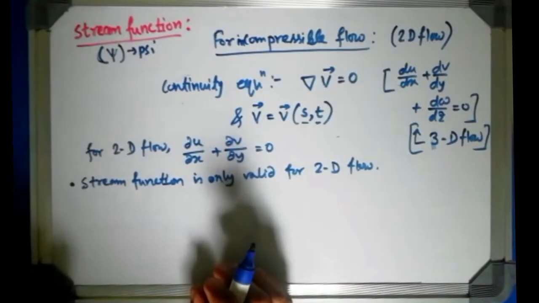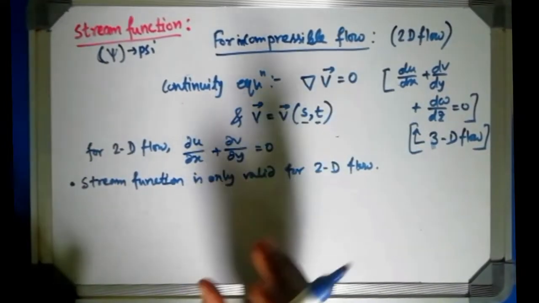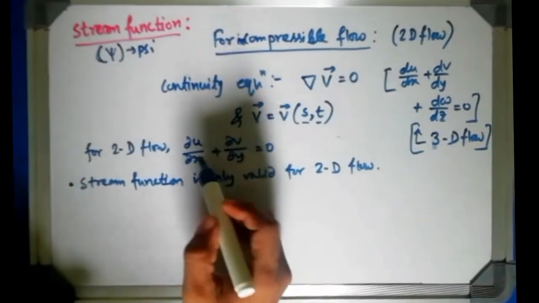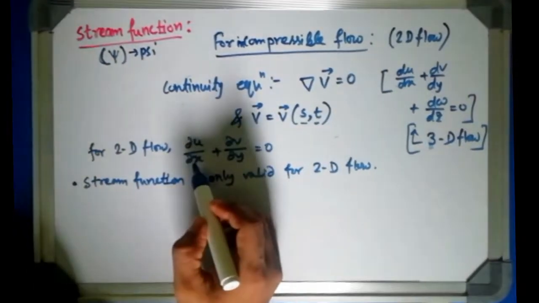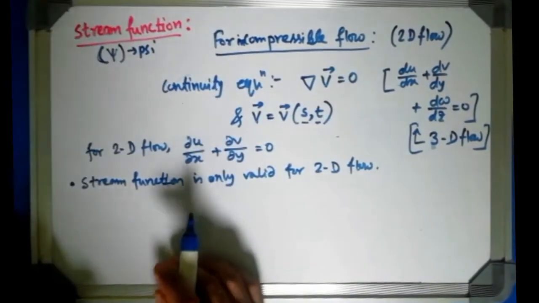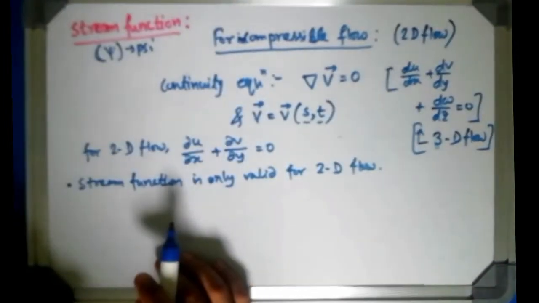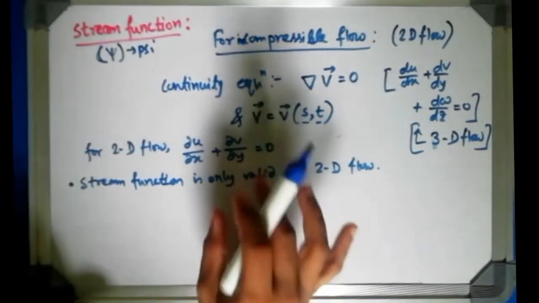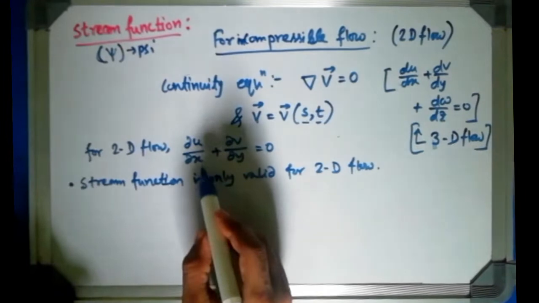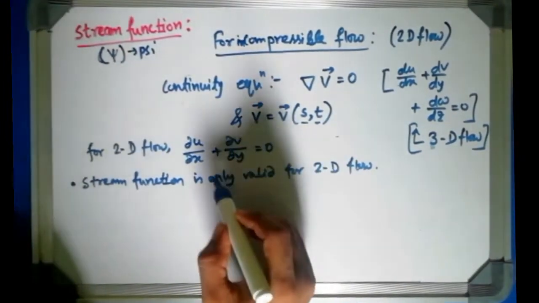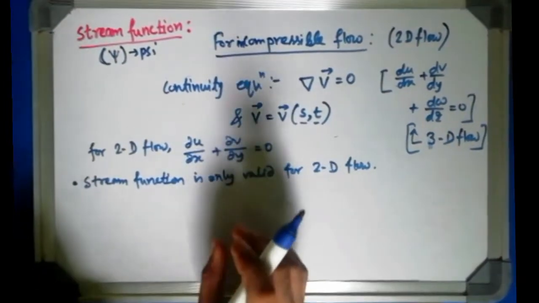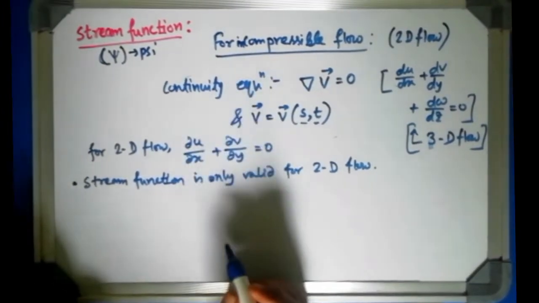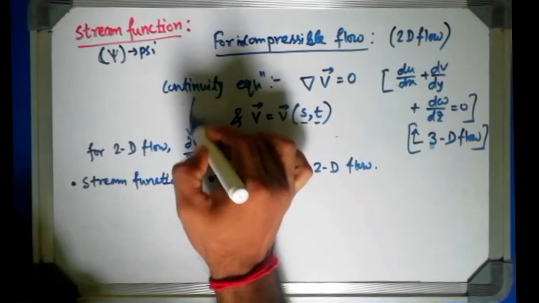The reason is that if I bring a function by which we can express this continuity equation in terms of only one unknown variable. Here you can see u, v, two variables are there. That means the velocity in x direction and velocity in y direction, both velocity components we need to know if we want to satisfy this continuity equation. This is also the continuity equation.